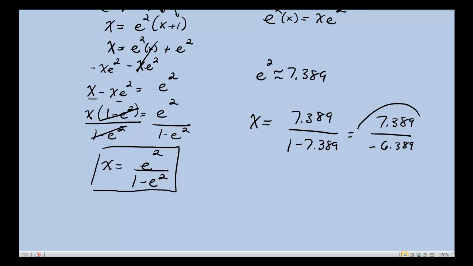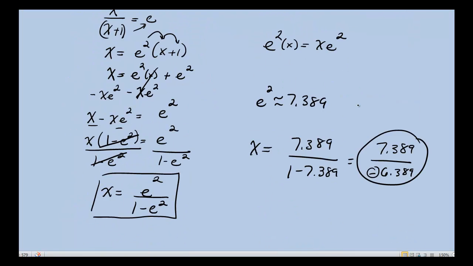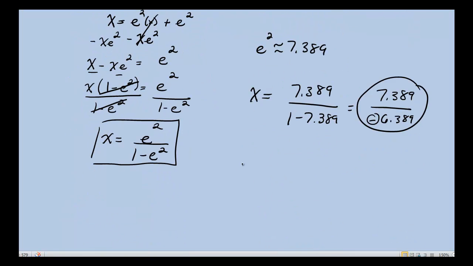And this is going to be a negative number. And we know based off of the domain of this question that x must always be positive in this circumstance because you have this ln of x and ln of x plus 1.